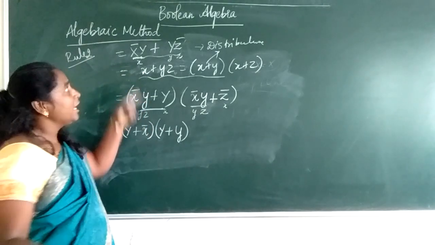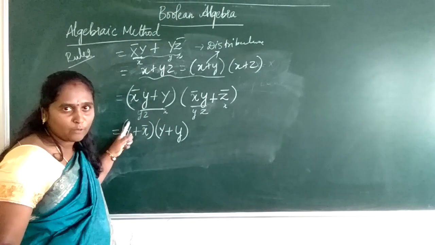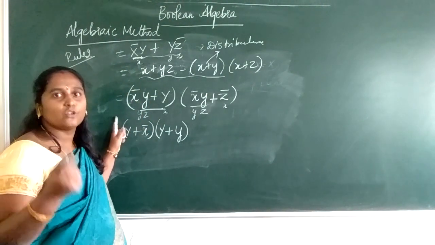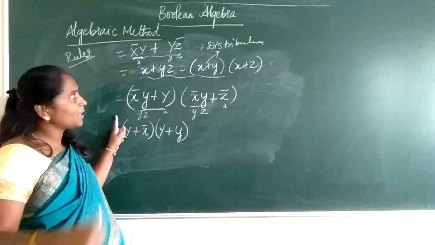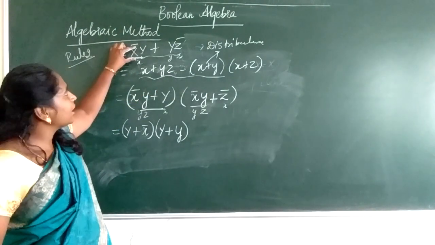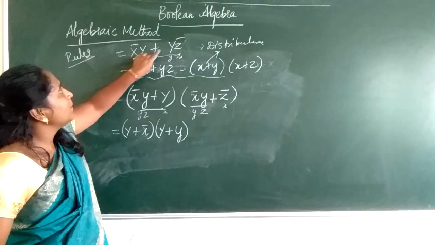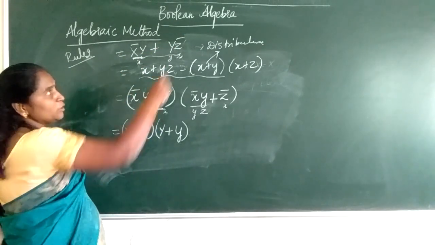My second rule is: if it is not in a proper POS, simplify it using any of the rules of Boolean algebra. So I am using the distributive law. The given expression is x bar y plus y z bar.